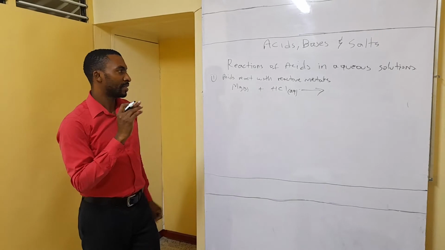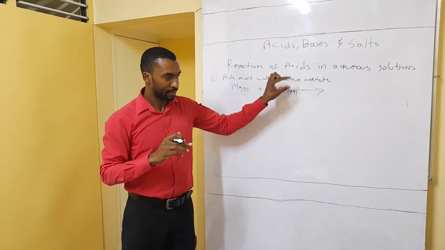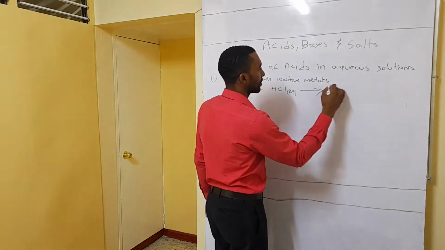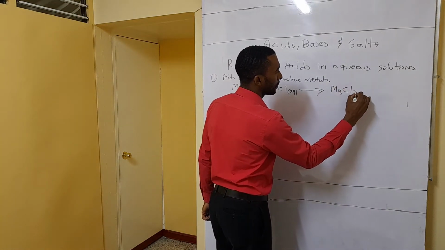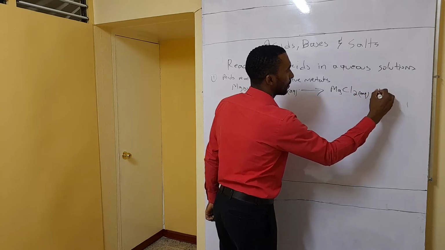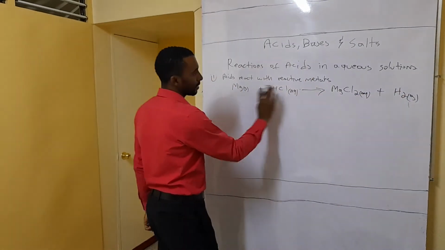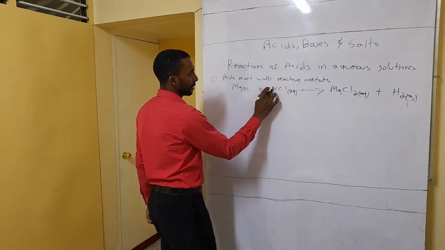The general equation for the reaction with a metal is a salt plus hydrogen gas. So this is MgCl2 aqueous plus H2 gas. To balance this equation, we would put a 2 here.